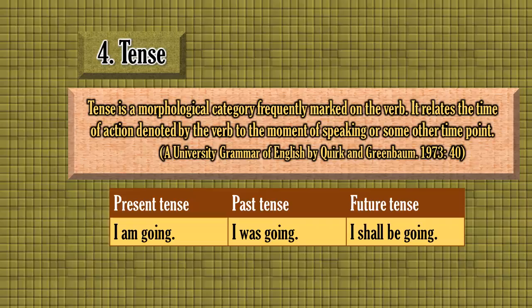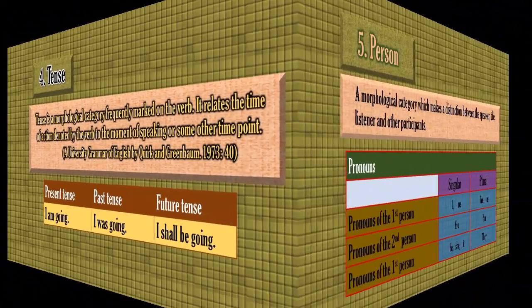I am going, and this sentence is termed as present tense. In the present tense, the time of the sentence is the same as the time of the speaking. I was going, in this sentence, the time is before the time of the speaking. I shall be going. In this sentence, the time is after the time of the speaking.